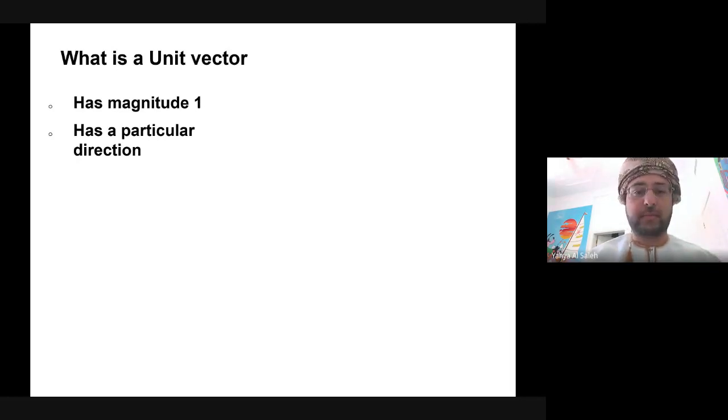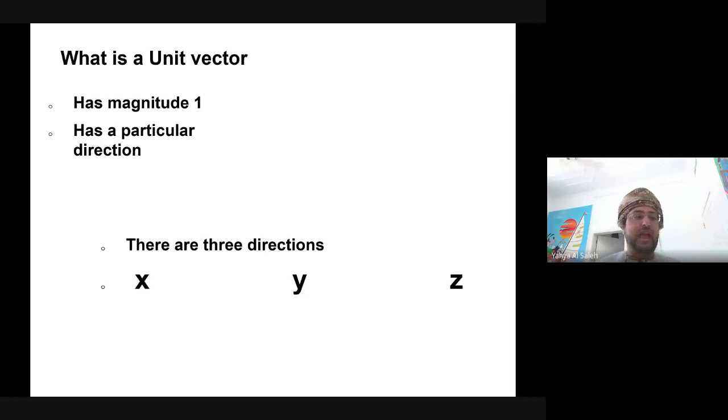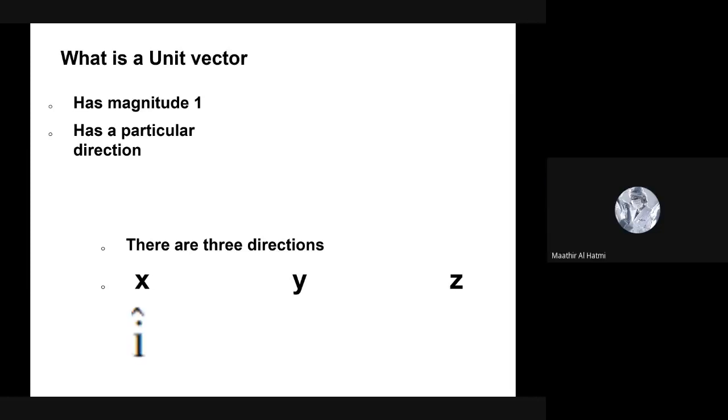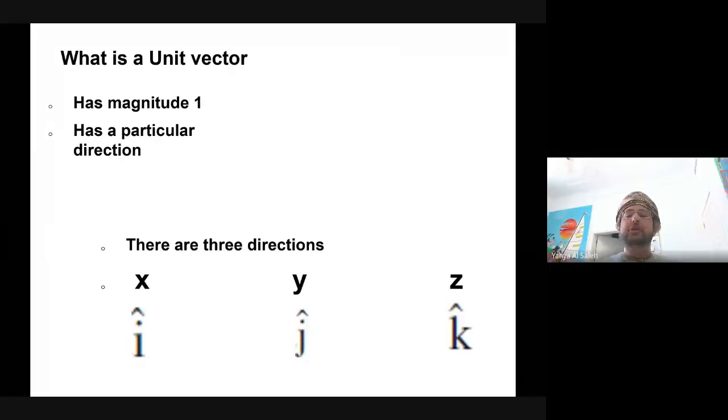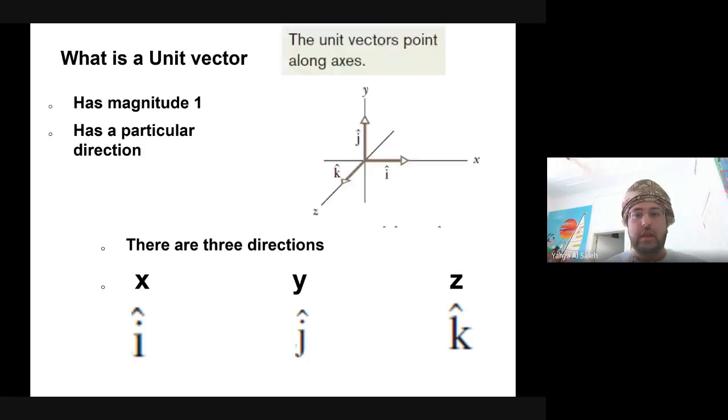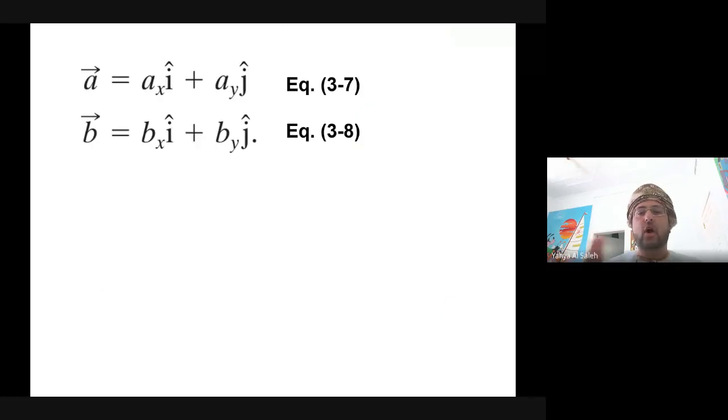We have three directions, x, y, and z, right? I will assign three unit vectors to them, i, j, and k. And these unit vectors point exactly along these axes.